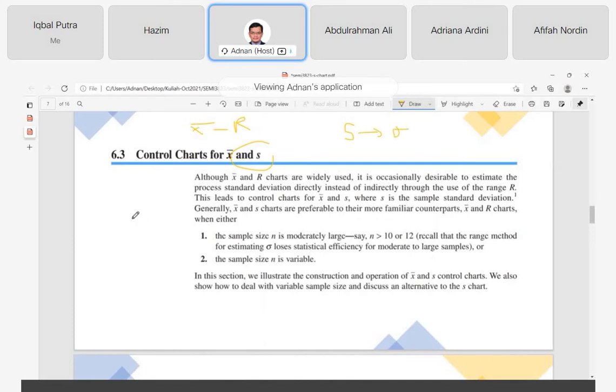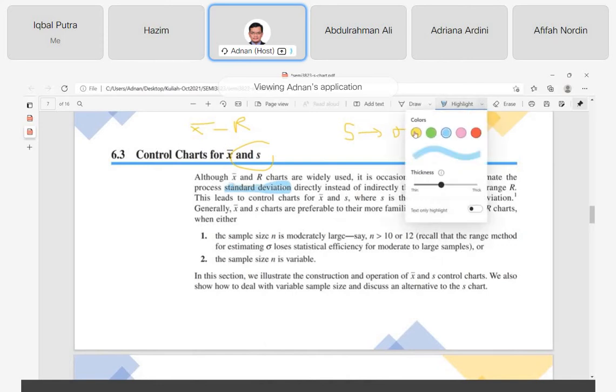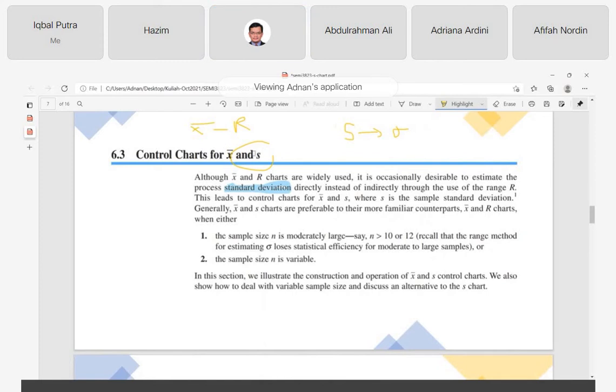Although X bar and R are widely used, occasionally it is desirable to use standard deviation. So we couple the X bar chart and the standard deviation chart instead of X bar and R, where R is the range chart.